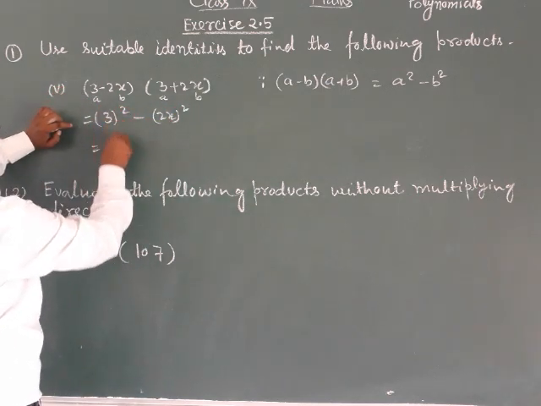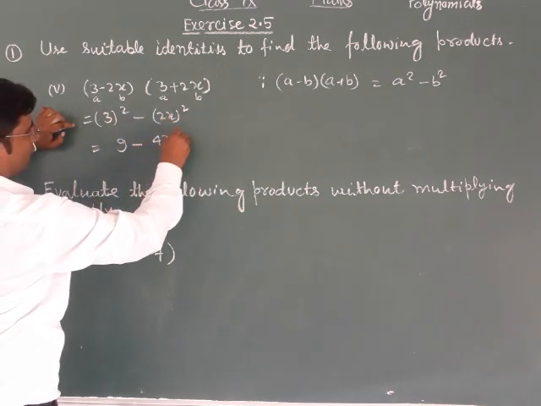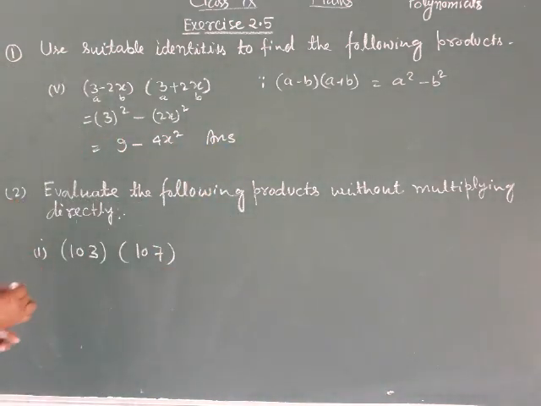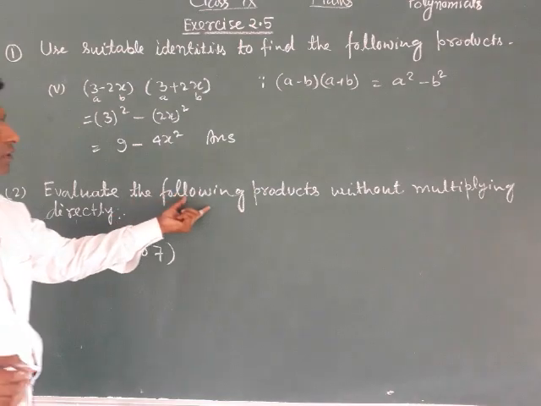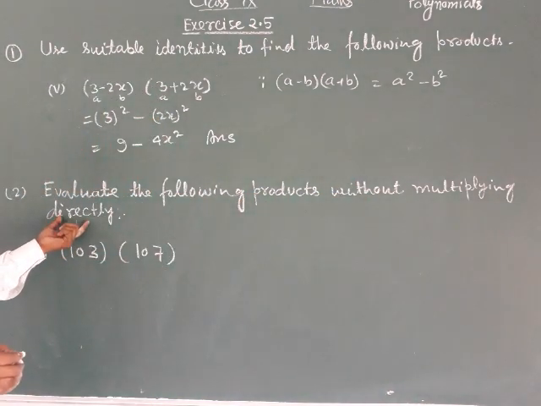So this is 9 minus 4x square. This is the answer.